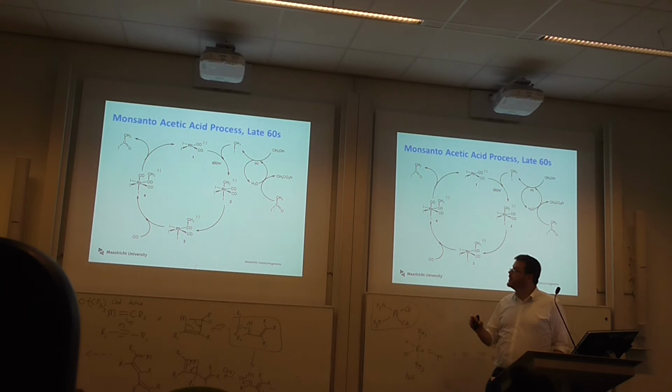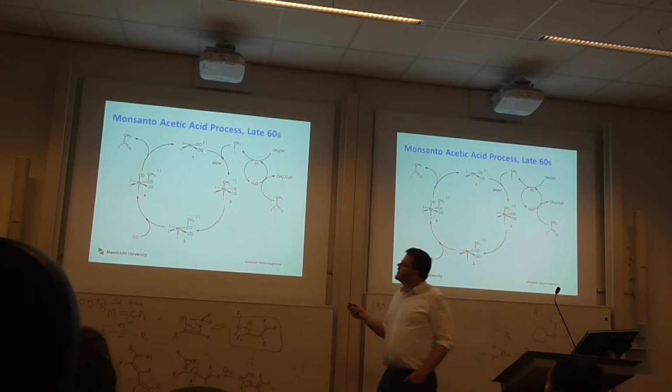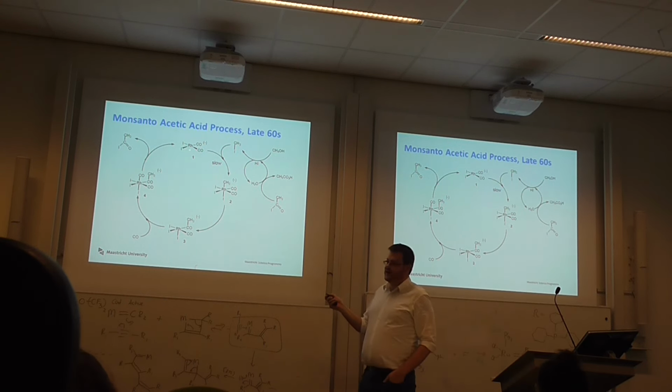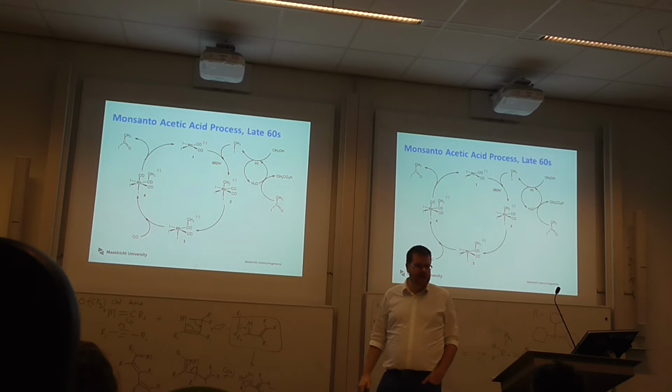All right, what's happening here? Let's start over here, 1. This is a rhodium catalyst. It's anionic, so it's [Rh(I)2(CO)2] cis minus. What's the oxidation state of the rhodium there?